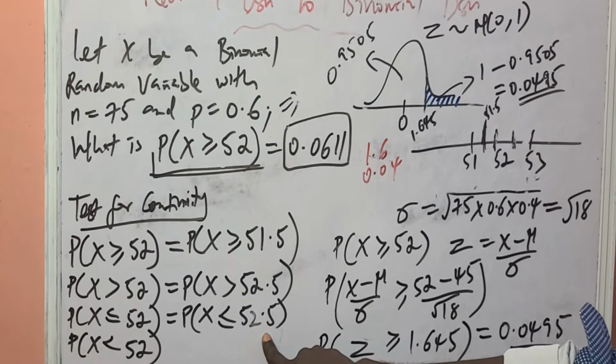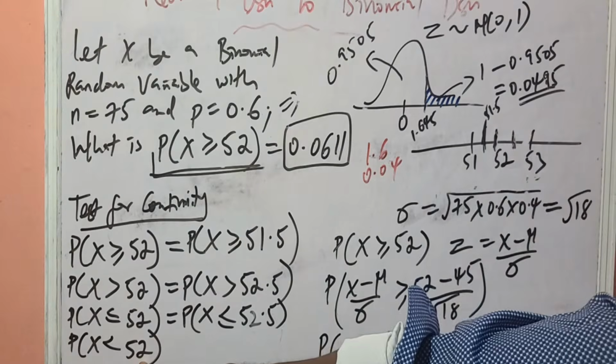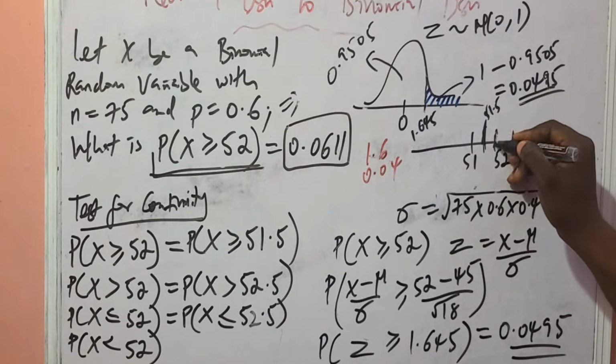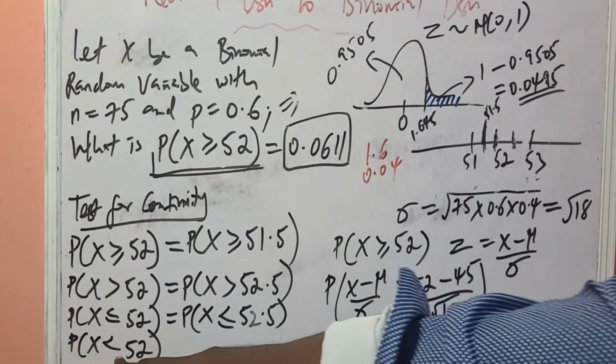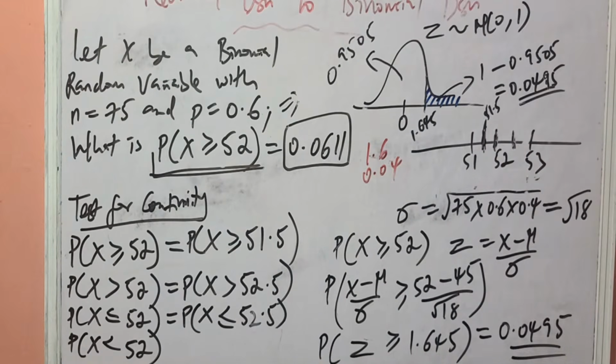This is 52.5, not 51.5. Sorry about that. Now for just less than 52, we don't want to include 52, so we don't want to start from 52, because the inequality said just less than 52. We want to start from 51.5. So we'll be having probability of x less than 51.5.